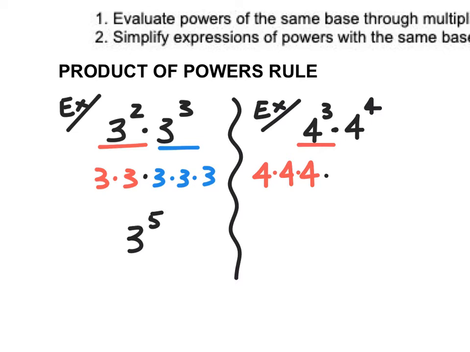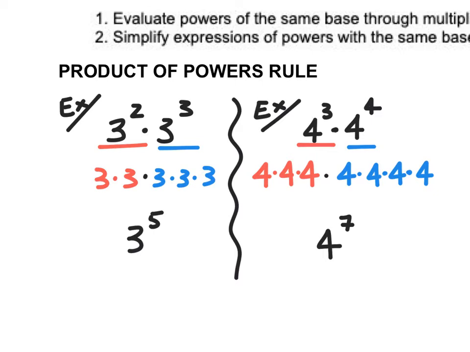And then if I'm doing 4 to the 4th, I'm multiplying 4 by itself 4 times, so I've got 4 times 4 times 4 times 4. I'm going to multiply each of those together. Because I'm multiplying 4 by itself all these times, I could just count up all these 4s. So I'm doing 4 to the 1, 2, 3, 4, 5, 6, 7th power, and I can rewrite this and simplify this as 4 to the 7th.